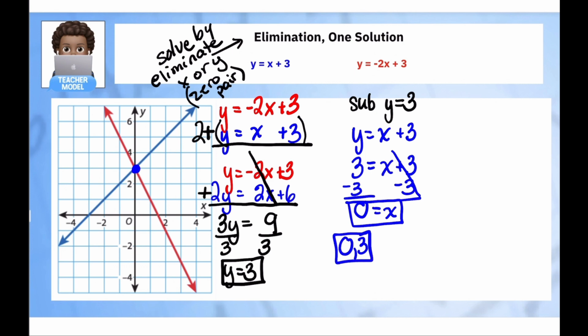And just to verify, I'm going to do the other equation as well. y is equal to negative 2x plus 3. 3 is equal to negative 2x plus 3. I want to move that 3 over.